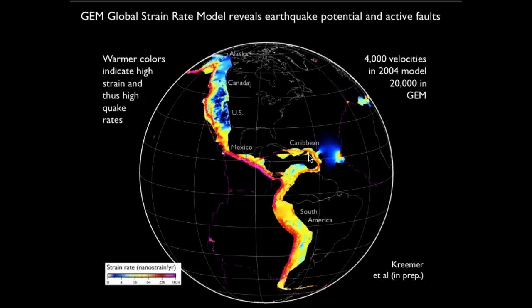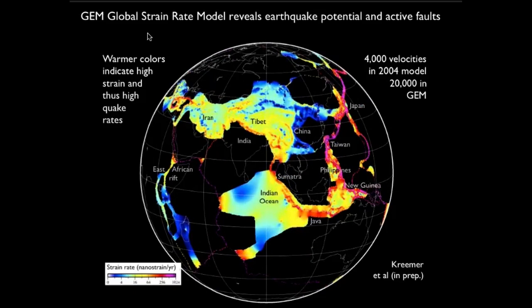So here is the entire Cordillera from Alaska to Tierra del Fuego, all uniformly cataloged. In other words, we really can compare the strain rate in Chile and Mexico and Canada. And so this ability to take this global view will be very important in understanding where earthquakes occur.